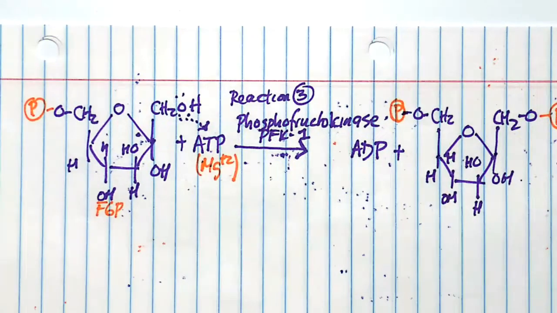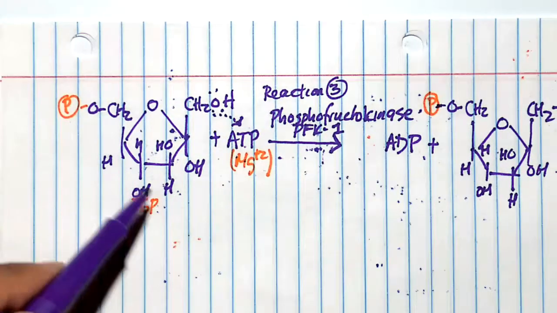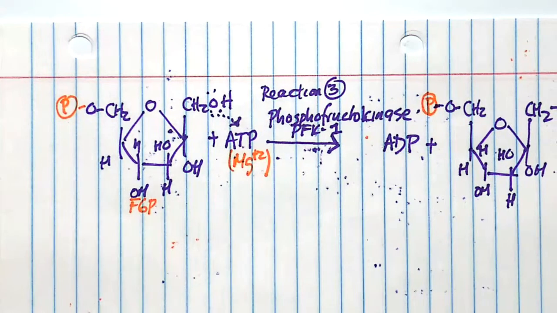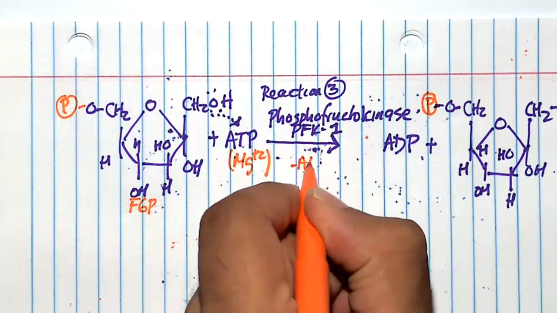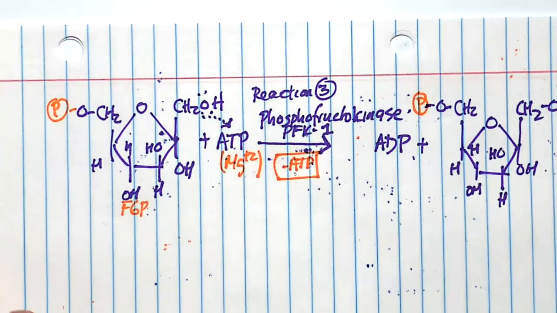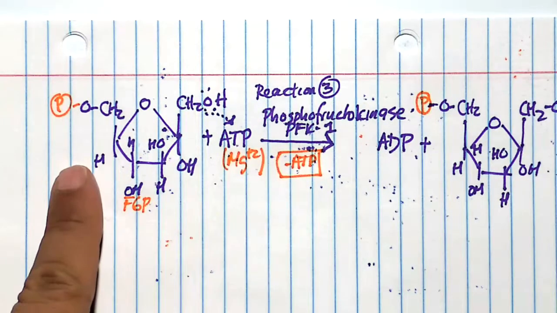So here's reaction 3 of glycolysis. Fructose 6-phosphate from reaction number 2, the ketose form, with ATP. So if we're going to do our bank balance, we have now 2 ATPs, one from hexokinase and the other one from phosphofructokinase, that donates its phosphate group.